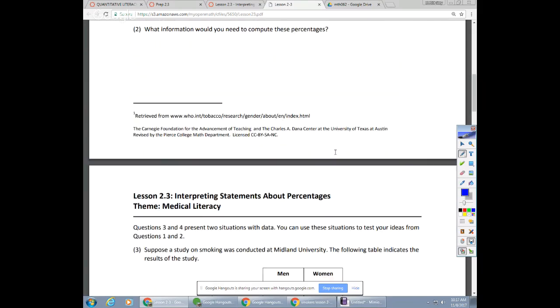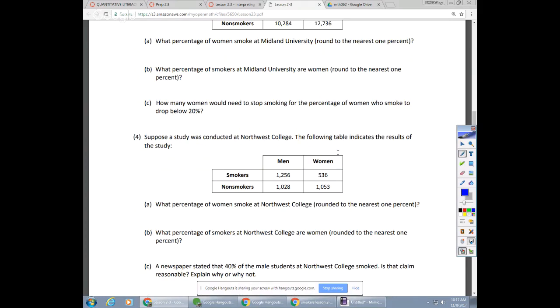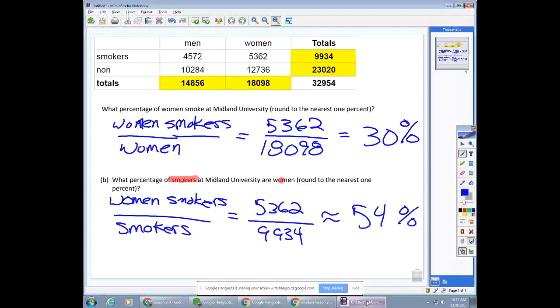What's the next question? How many women would need to stop smoking for the percentage of women who smoke to drop below 20%? Ooh, that's a good one. All right, new page.